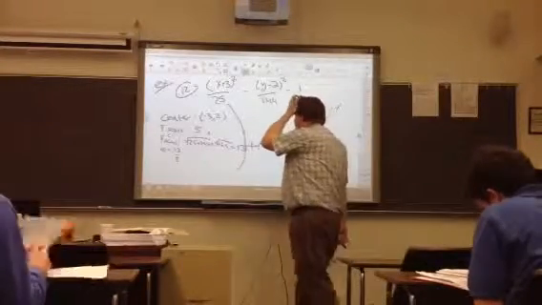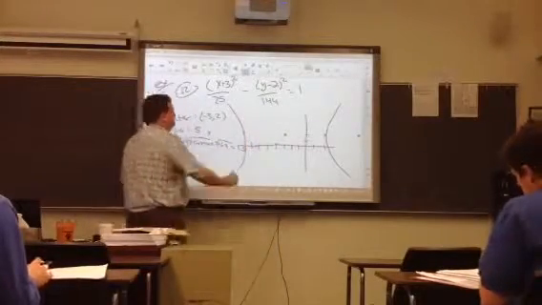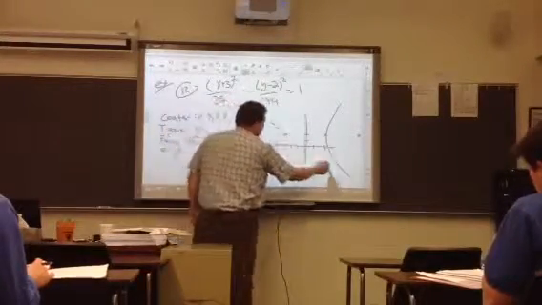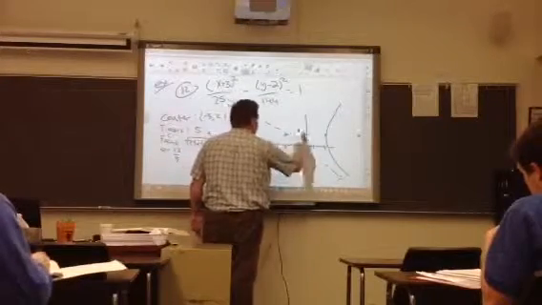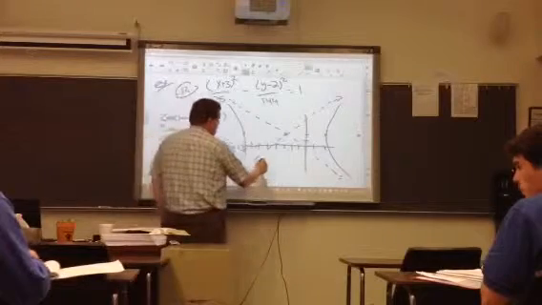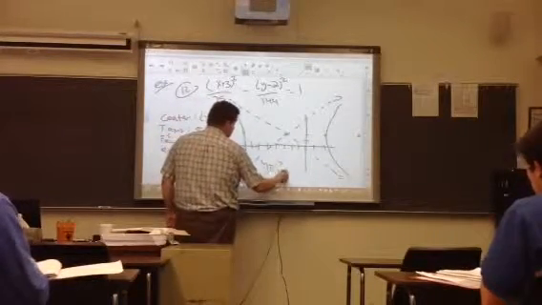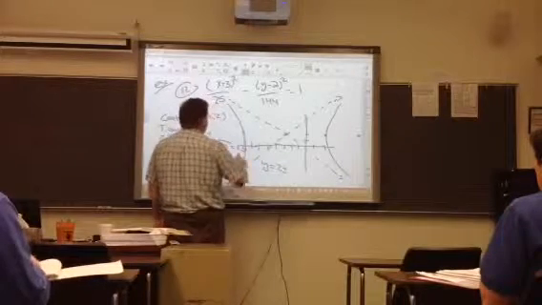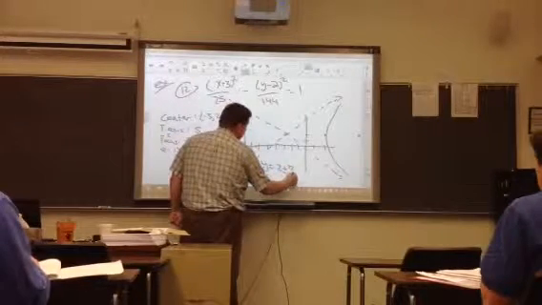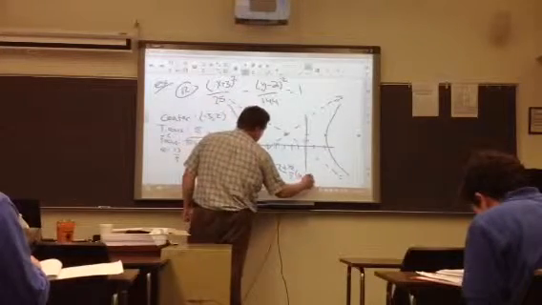Kind of the last thing I might want to graph on here are my two asymptotes. The equation for which would be y equals 2 plus or minus 12 over 5 times (x plus 3).